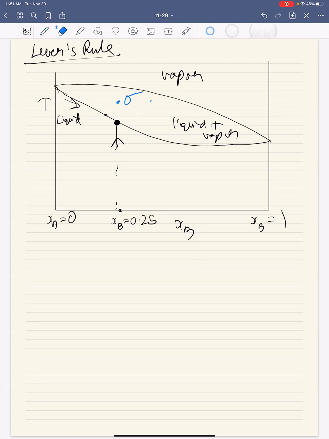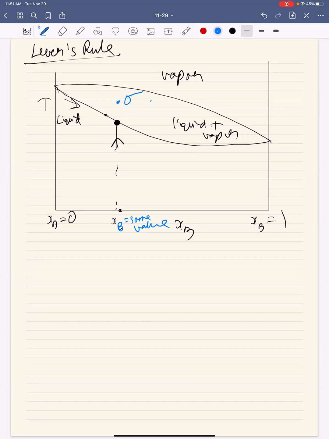It's just that we are not talking about specifically 0.25. We are talking about some concentration, xb is equal to some value. I don't know what that value is. And at this point O, we know it's going to be a mixture of liquid and vapor, right? Because it is in the two-phase region.